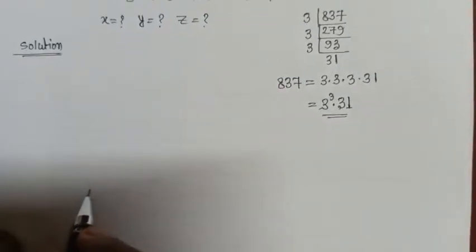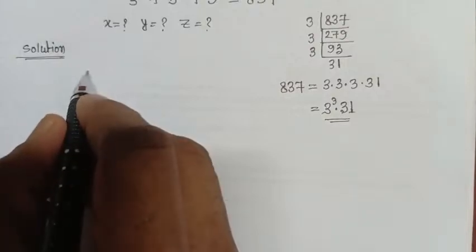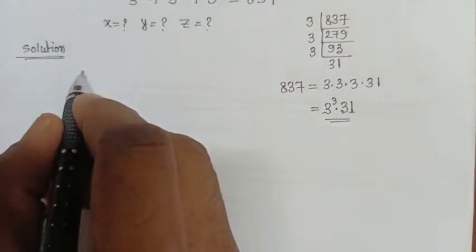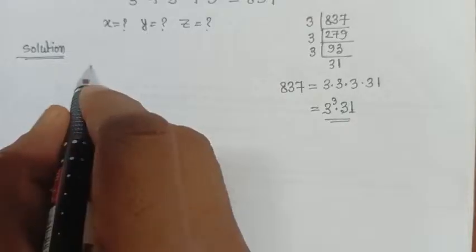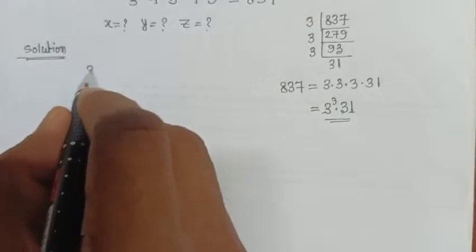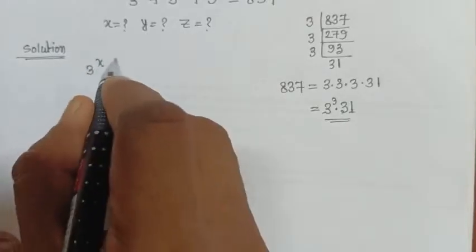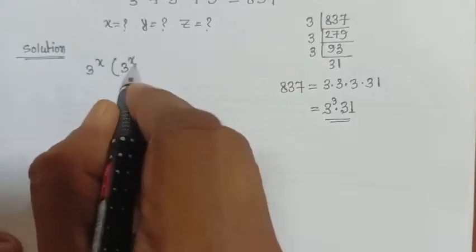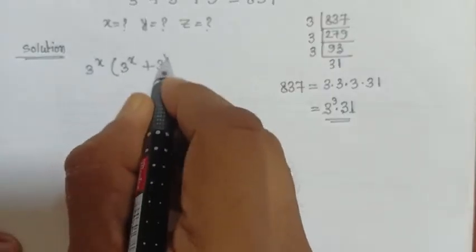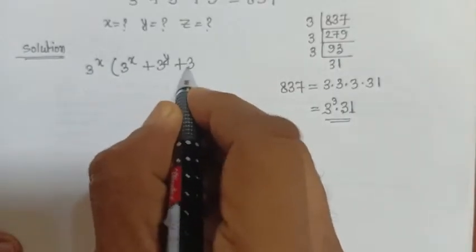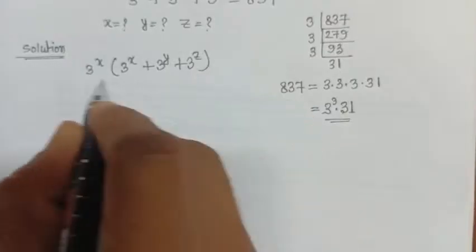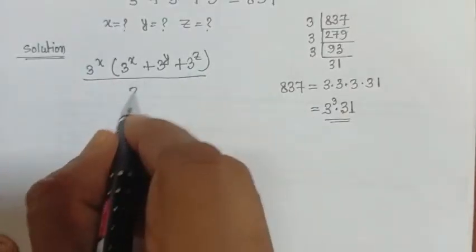Now we multiply and divide the left hand side by 3 to the power x, like 3 to the power x into 3 to the power x plus 3 to the power y plus 3 to the power z by 3 to the power x.